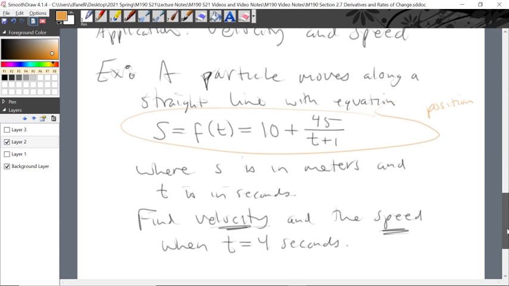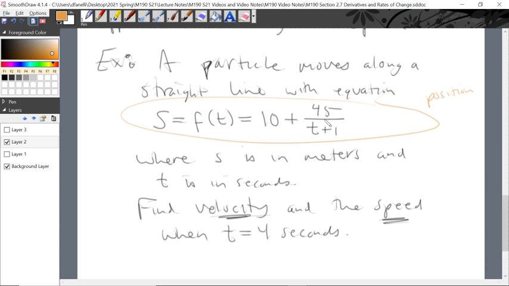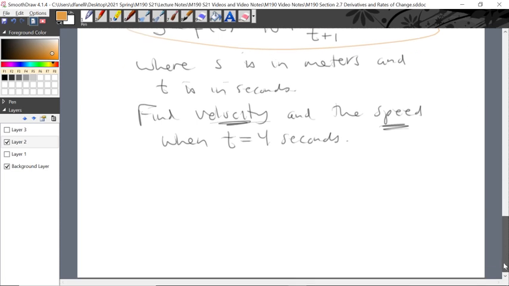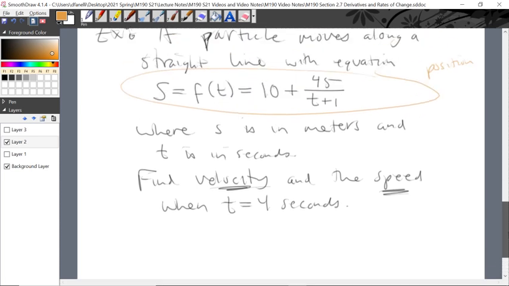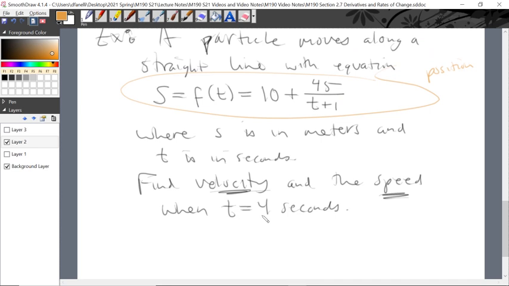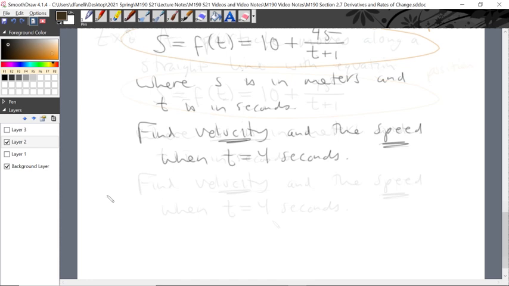Then we can find the position at 4 seconds by plugging 4 in: 45 over 5 is 9, plus 10 is 19. So 19 meters would be its position at 4 seconds.